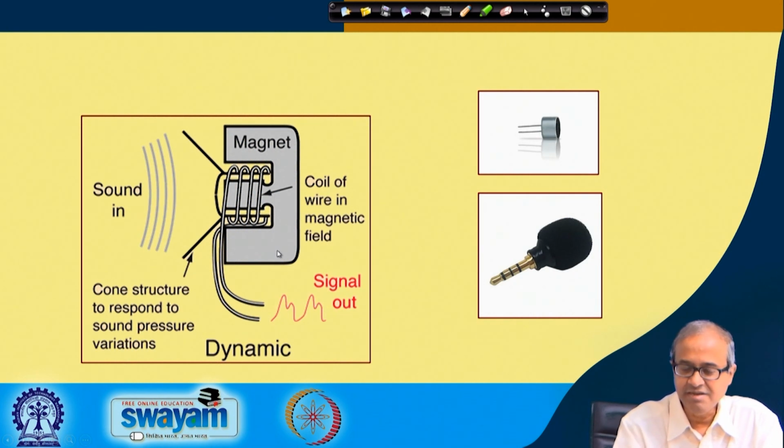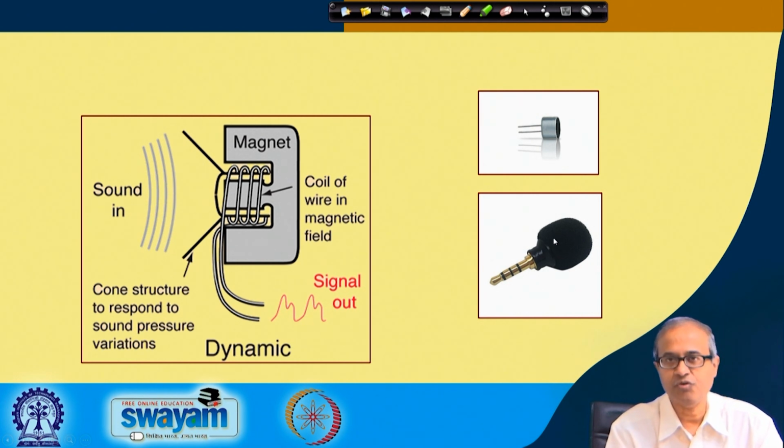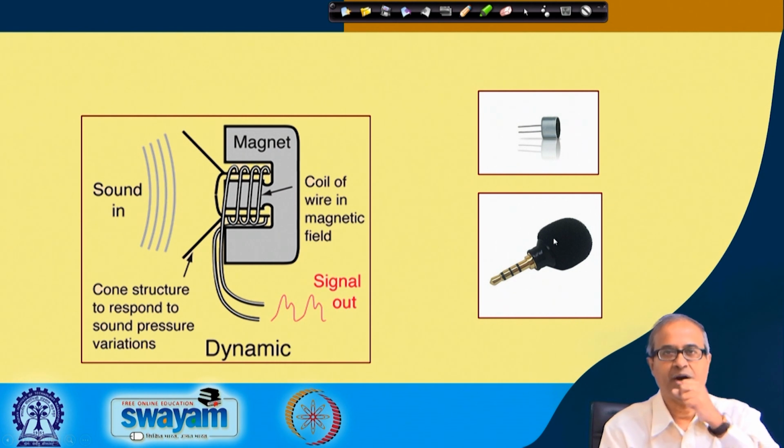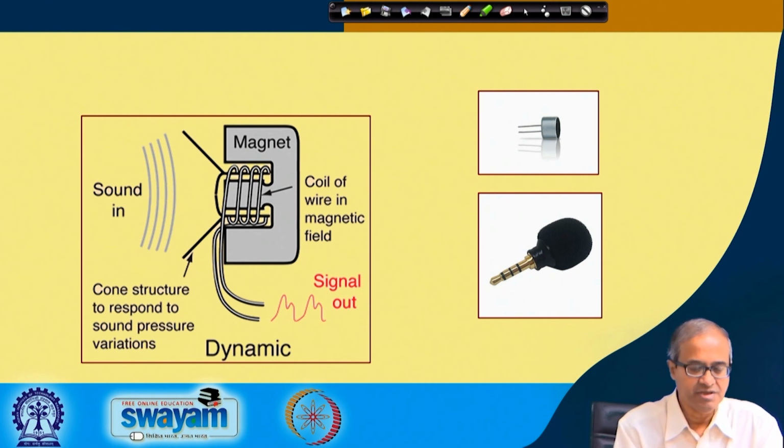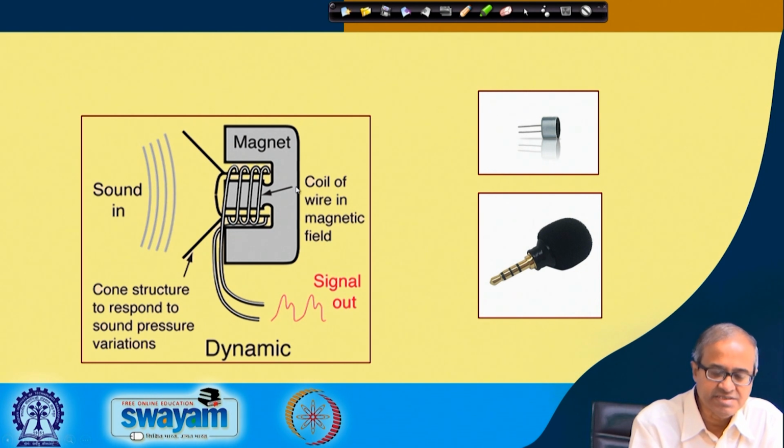So, inside you see the smallest microphone can be very small, and here I am showing the basic microphone of a typical bar kind of microphone you use while giving some lectures or presentations. This kind of microphones are also used, and inside, as I told you, there is still a permanent magnet and there is a coil which moves, and as it moves there is a signal which is generated.